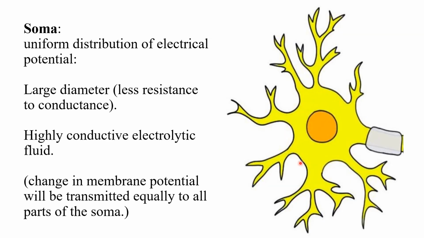Now the soma, or the cell body, as you see here, has a large diameter, which means less resistance to conductance, in addition to the highly conductive electrolytic fluid inside the soma. This means that any change in membrane potential will be transmitted equally to all parts of the soma.